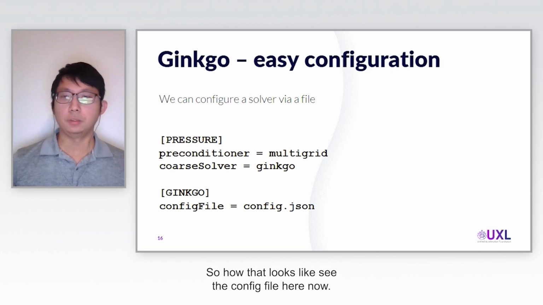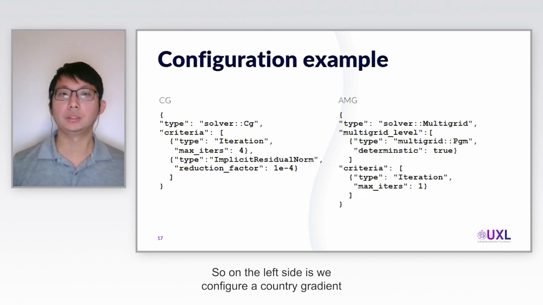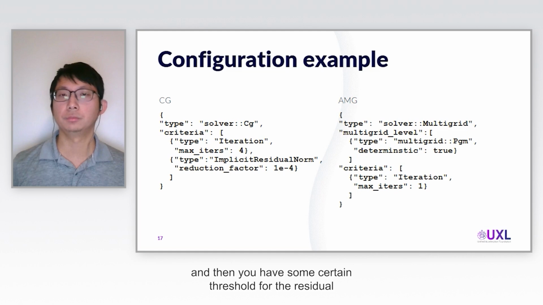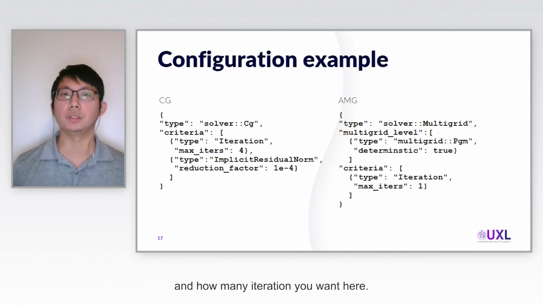So how does that look in the config file? On the left side, we configure a conjugate gradient, and you can run up to 4 iterations, with a certain threshold for the residual. On the right-hand side, we can configure the AMG, the algebraic multi-grid, and you can configure which kind of coarsening method you want and how many iterations you want.